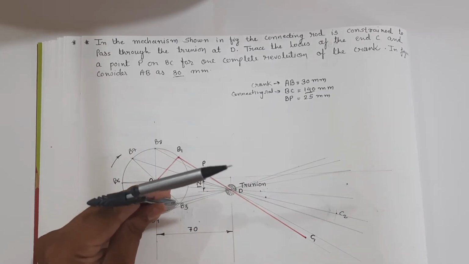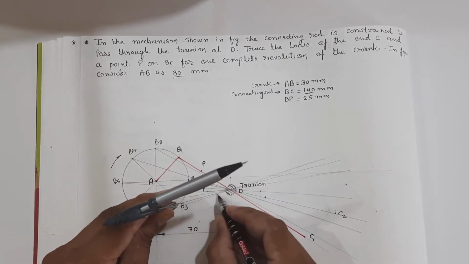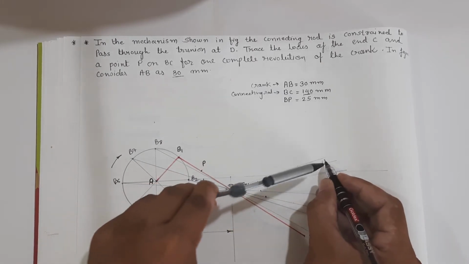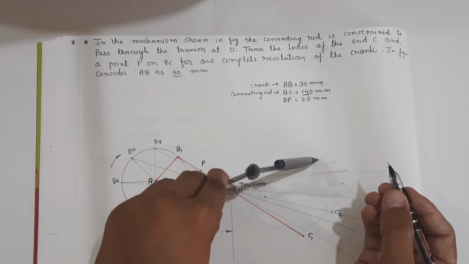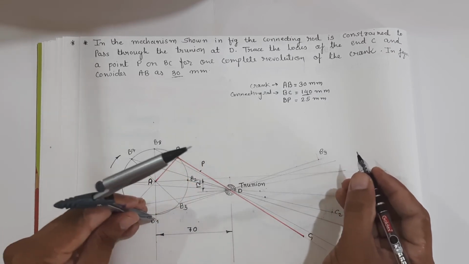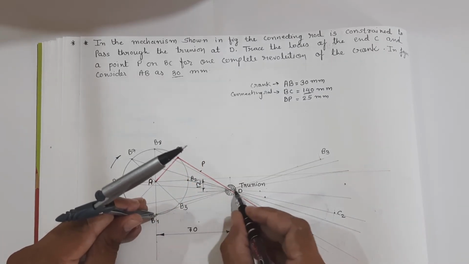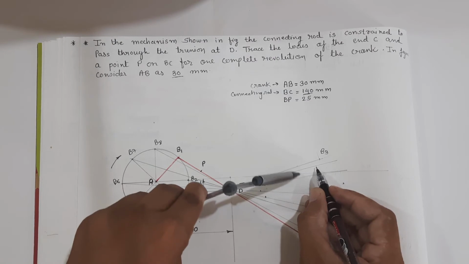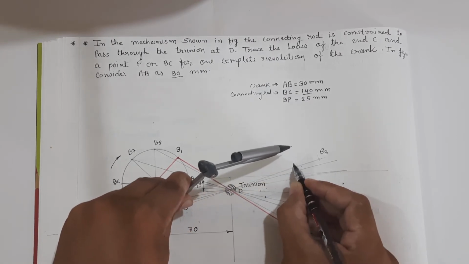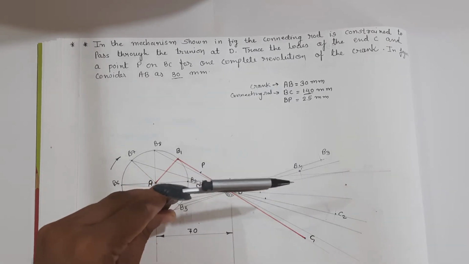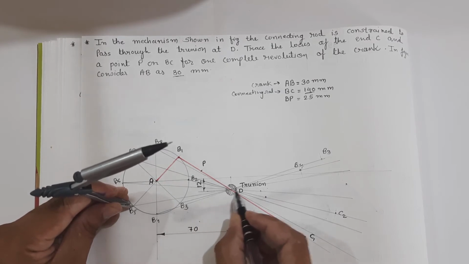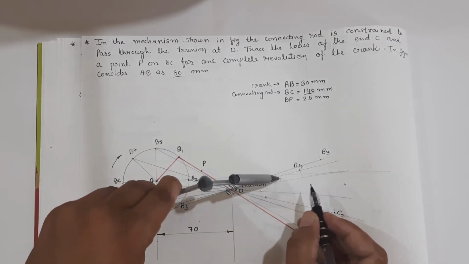Put your compass on B3, follow this line. So this is C3. Now put your compass on B4, follow this line. This will be C4. Now put your compass on B5, follow this line. This will be C5.